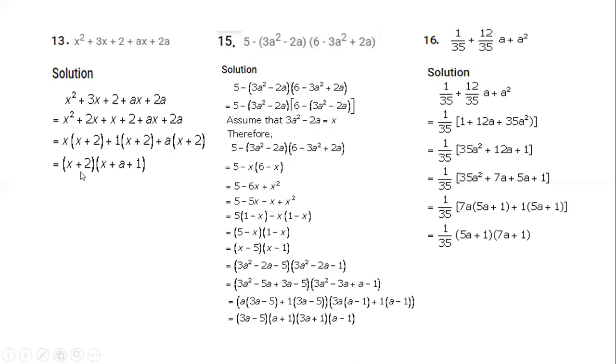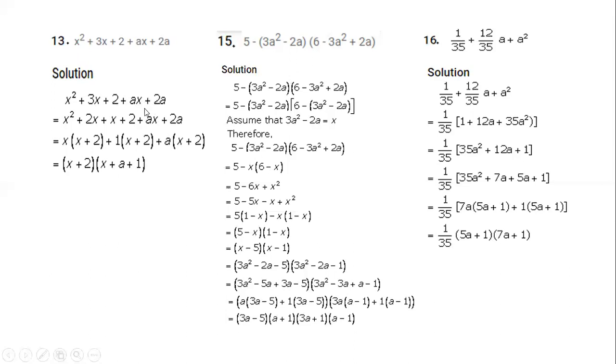So take out this x plus 2 as a common quantity and in the next bracket, write down the left over of the first, second and third term, which is x plus 1 plus a. See, x square plus 3x plus 2 plus a times x plus 2.